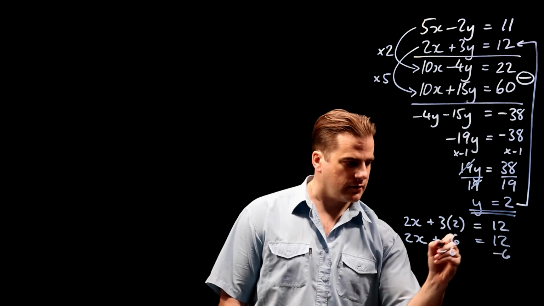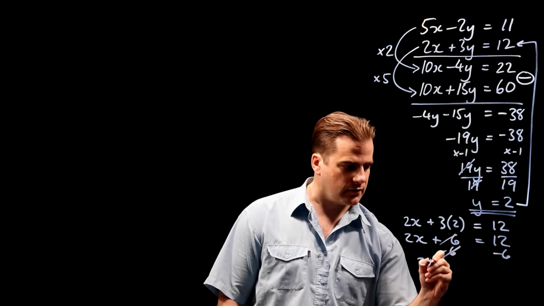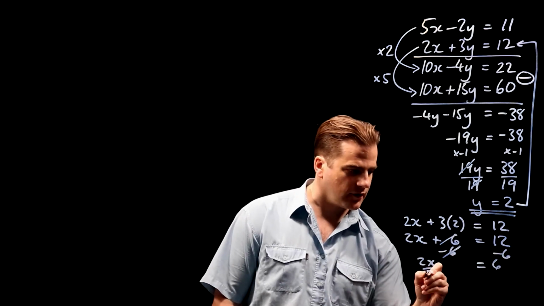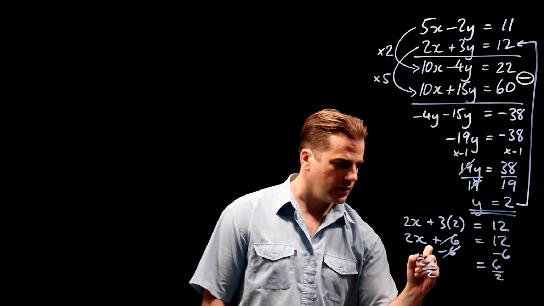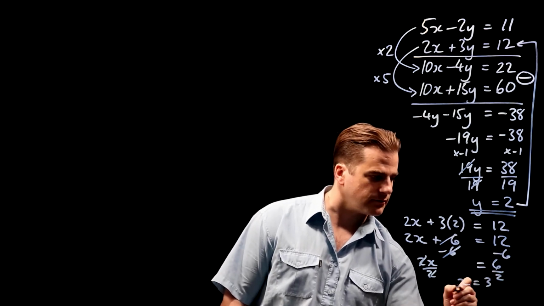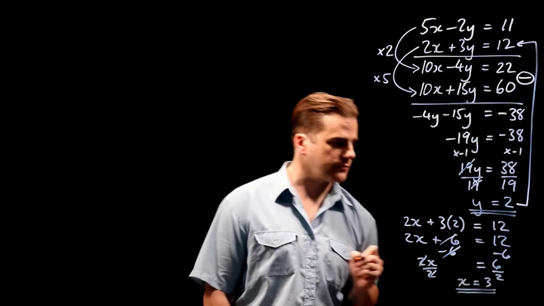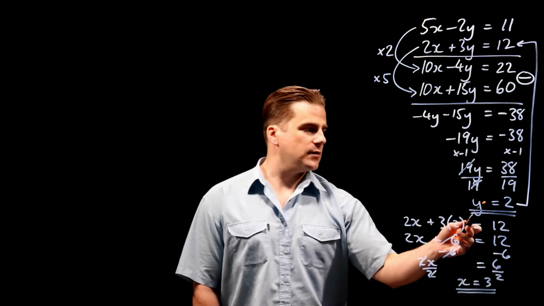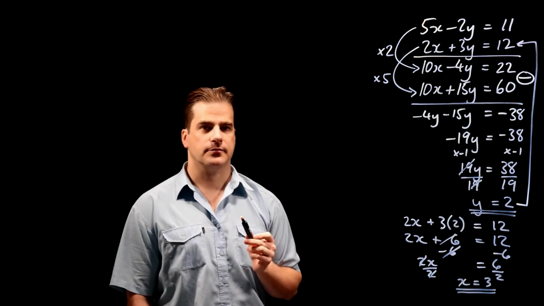And we get 2x equals 6. Divide both sides by 2. And we get x is 3. Okay, there we go. Done it. Y is 2 and x is 3.